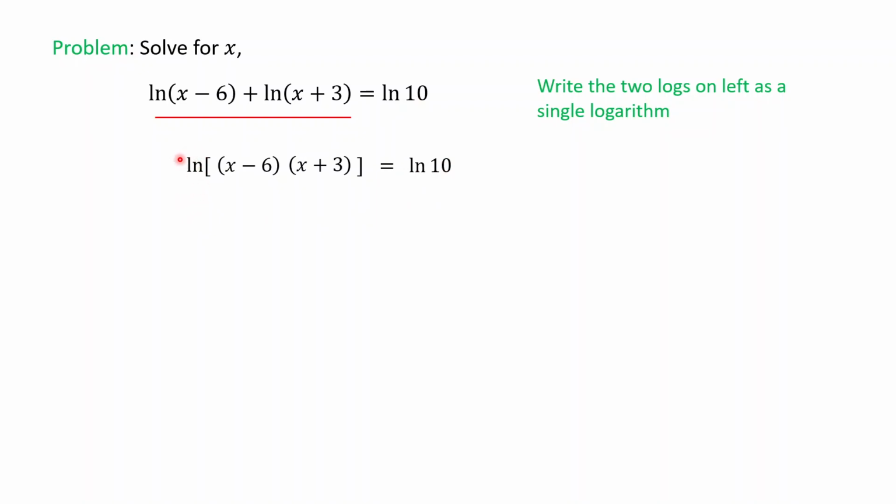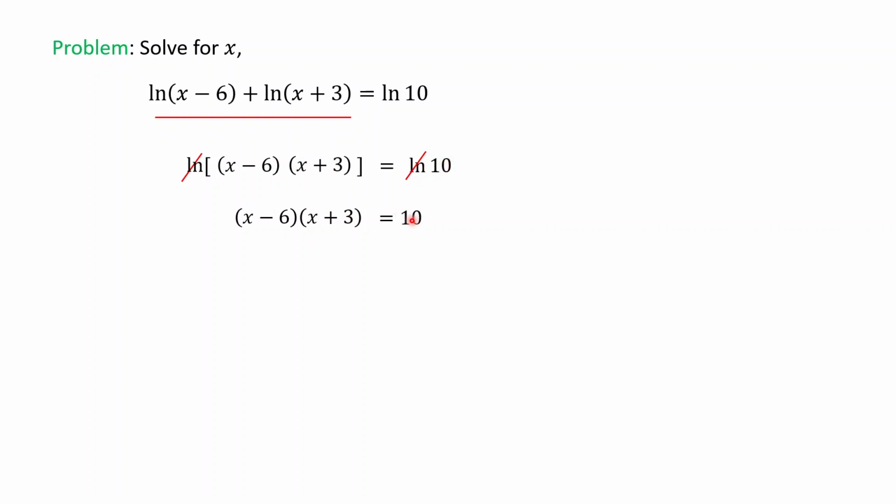Now you have a logarithm on the left hand side and another logarithm on the right hand side. There is nothing multiplied. So you can cancel these logs. You will get this equal to 10. x minus 6 times x plus 3 is equal to 10.